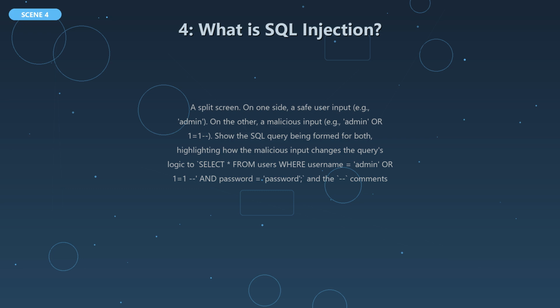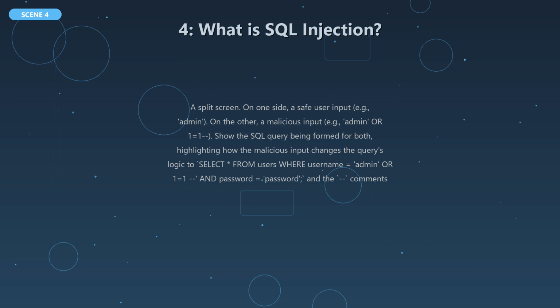Beyond just reading data, SQLi can also be used to modify, insert, or even delete data, potentially defacing websites, altering financial records, or destroying critical information. In some severe cases, depending on the database configuration and permissions, an attacker might even be able to execute operating system commands, effectively gaining control over the server hosting the database.